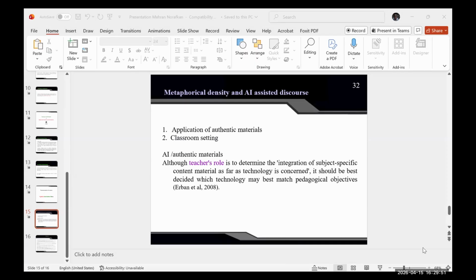I need to run statistics on the relationship between the metaphorical density in the one with AI and the one with no AI, and then see if the difference is meaningful.